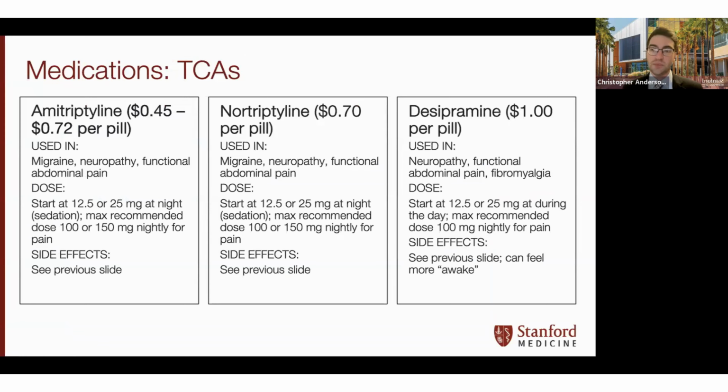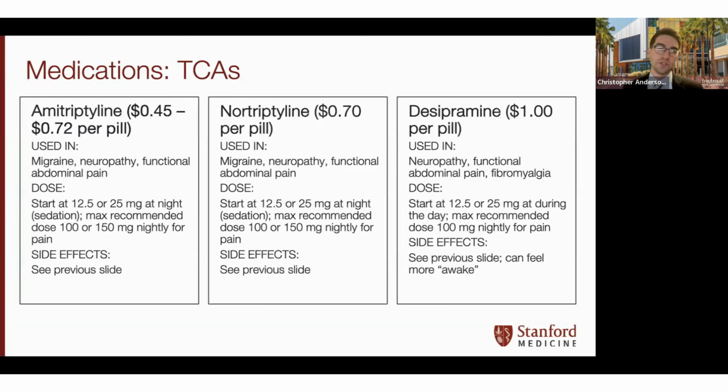In general, because these medications are older, they tend to be cheaper if you look at these cash prices here. On the left is the oldest of the TCAs, called amitriptyline. It's used for many neuropathic and nociplastic states, like diabetic neuropathy, migraine, and functional abdominal pain. Nortriptyline is derived from amitriptyline and is thought to have fewer side effects.